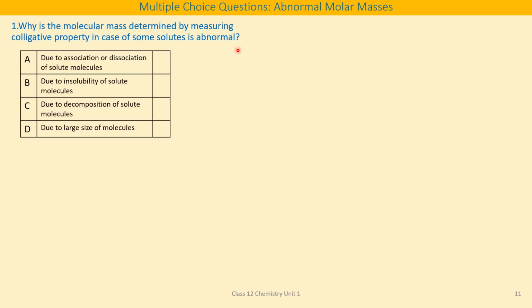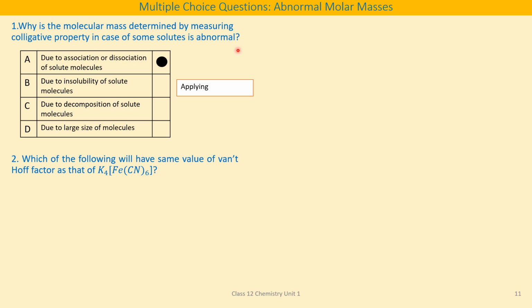Please read all the four options and choose the correct one. Read it yourself. I will pause for some time. The answer is it is due to association or dissociation of solute molecules.